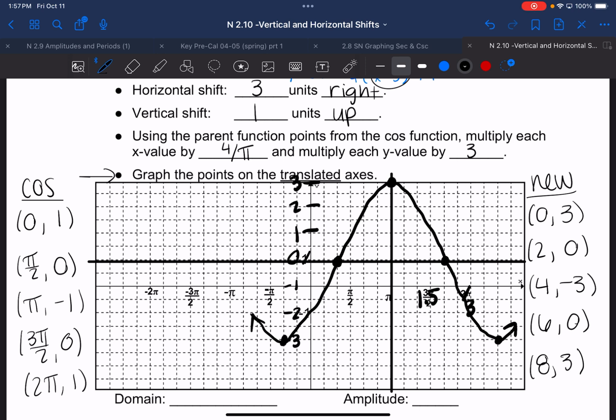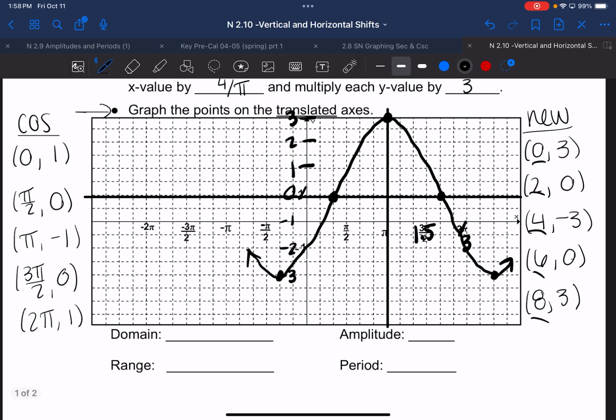Like if they told you to shift right 15, you aren't going to want to have to add 15 to every single one of these numbers, right, when you're counting. So if you'll just go ahead and move your axes, you would be fine. You wouldn't have to count it out, okay? But if you want to double check yourself, you can always add or subtract the right amount to your new points and start from your regular origin if you prefer that.